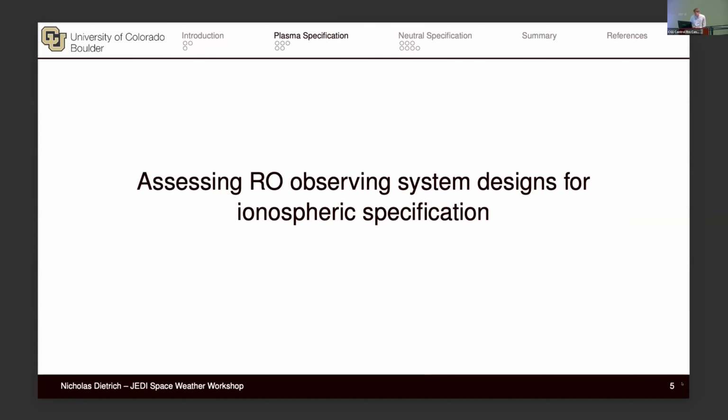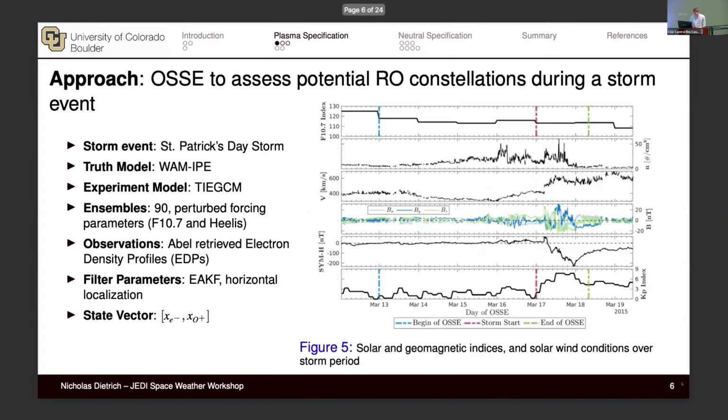So first, for plasma specification, we looked at a very popular study, the 2013 St. Patrick's Day storm event, where we used a comprehensive OSSI approach. We used a different truth model and experiment model, where we retrieve our observations from WAM-IPE and then assimilate them into TIEGCM, generating our ensembles.